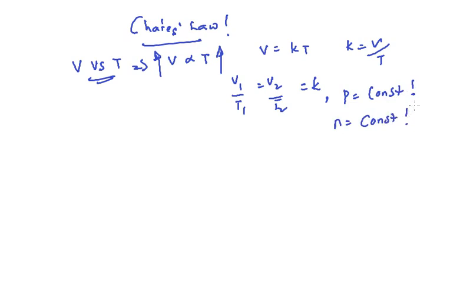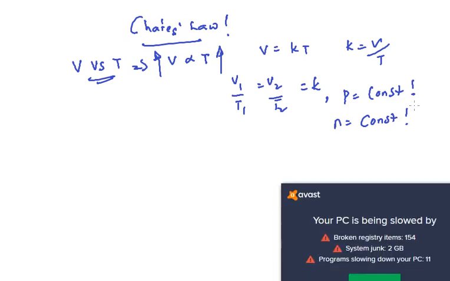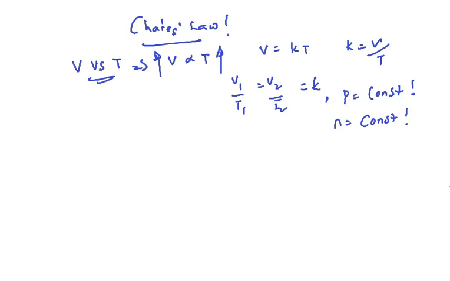These four parameters are really important for you to calculate gas-related problems. You need to know which values are changing. If you know which values are changing, whether it is pressure, the number of moles, or temperature, you can see which law you are going to apply.